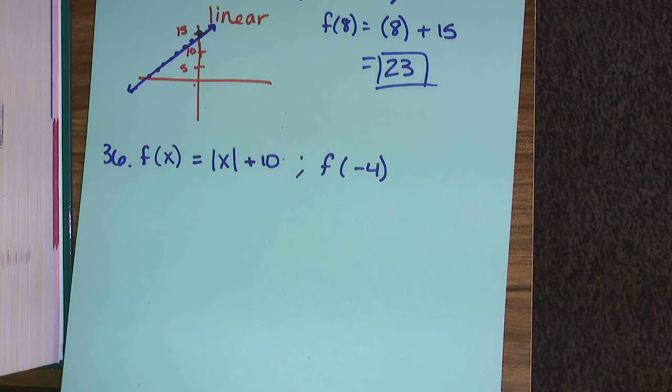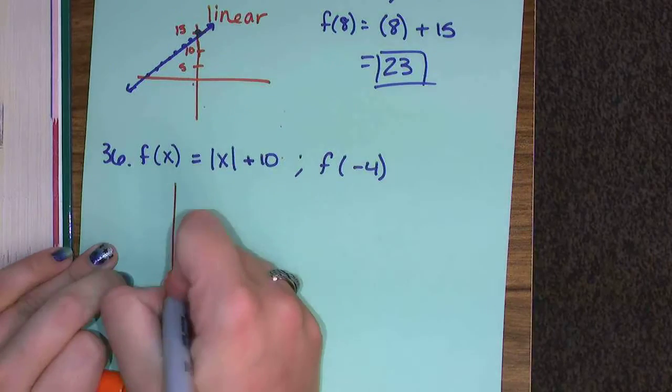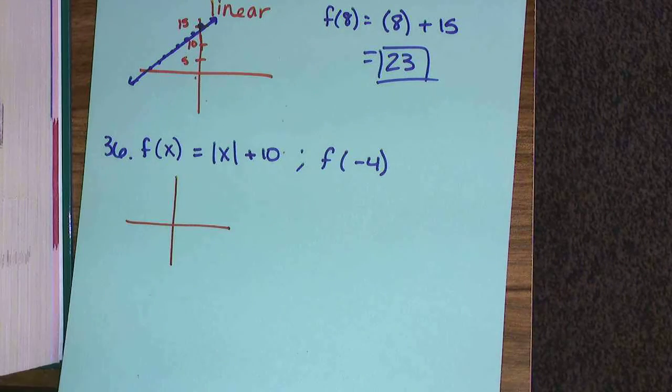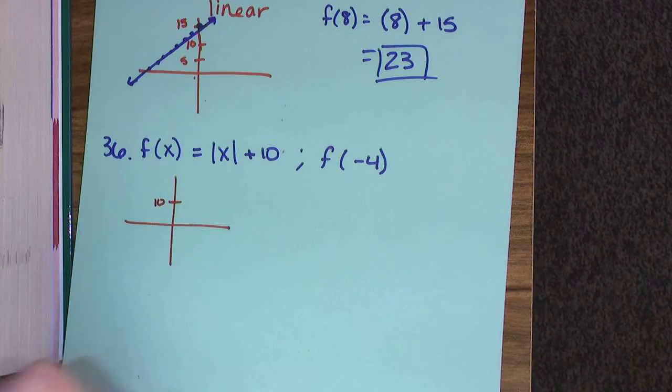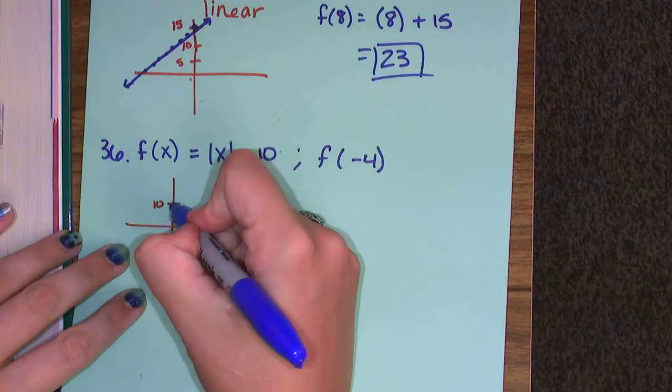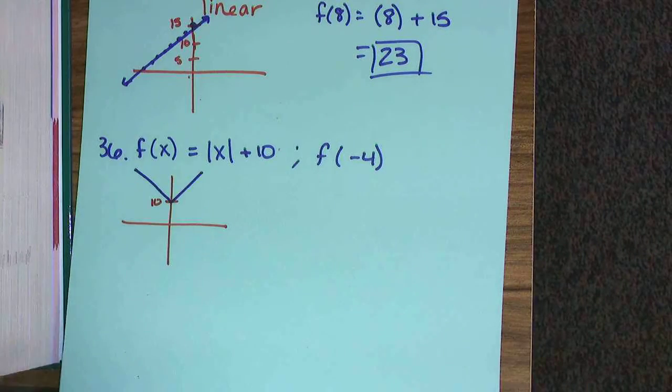It's not linear. This graph looks something approximately like this. I'm just showing you why it's not linear, but we're still solving the function.